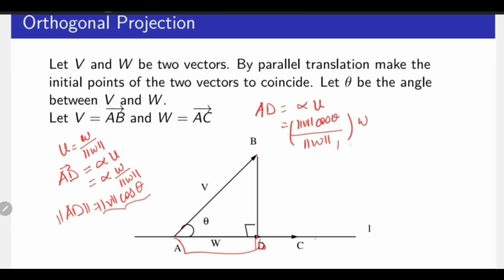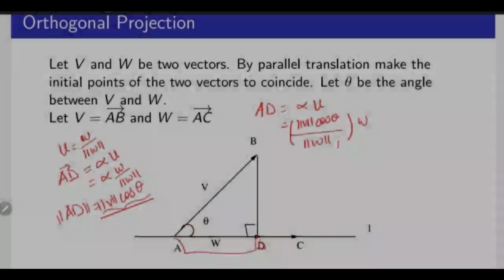So this is our vector AD, and as a vector we know the magnitude is given by this formula here, but we need to find the direction.